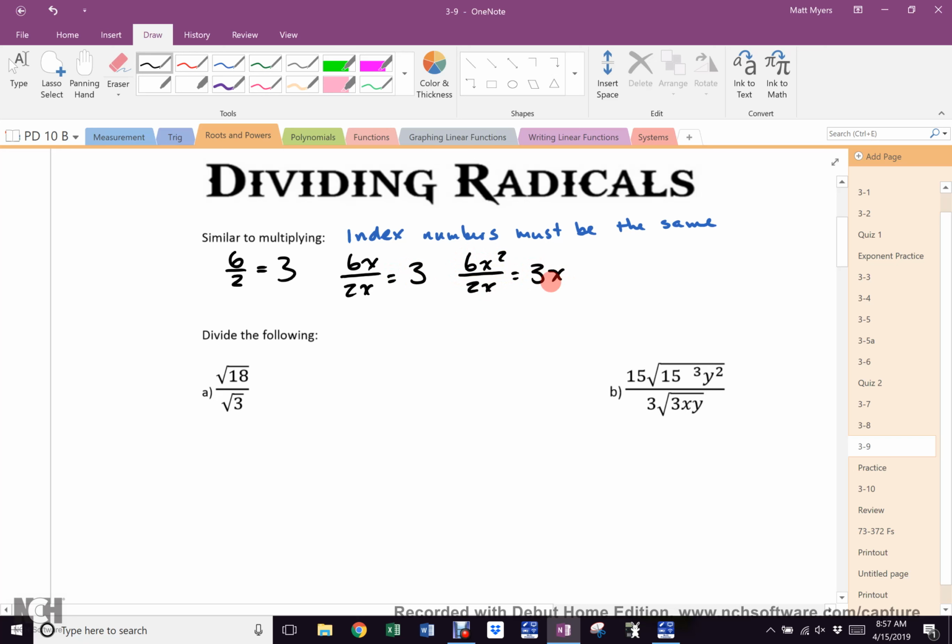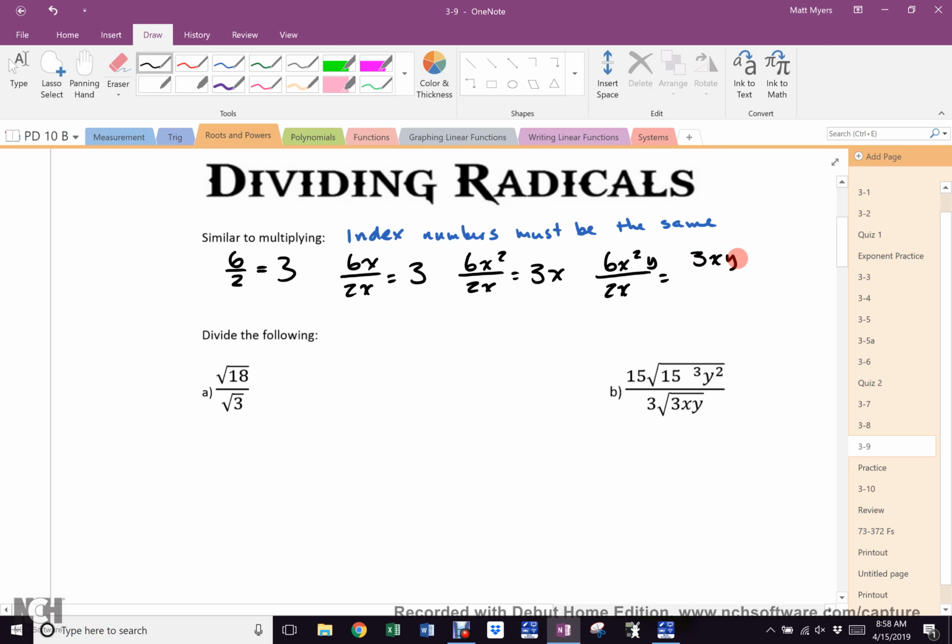3x. Everybody's cool? Okay. So now logically, again, if I gave you 6x squared y over 2x, what would the answer be? 3xy. Everyone's cool, yeah?